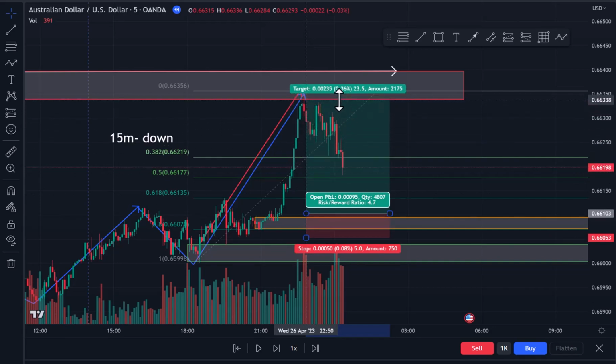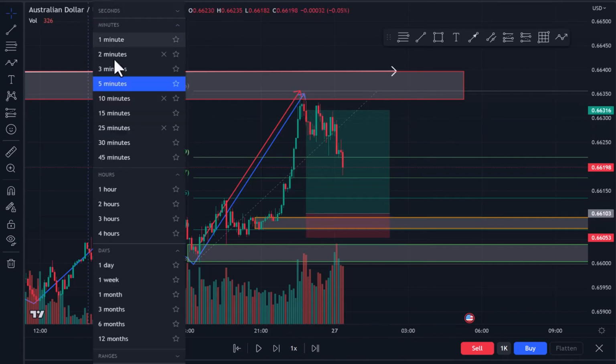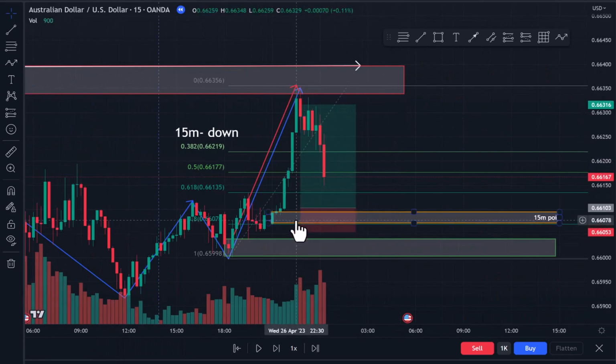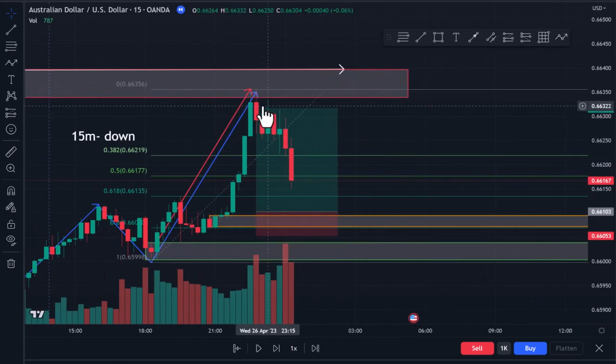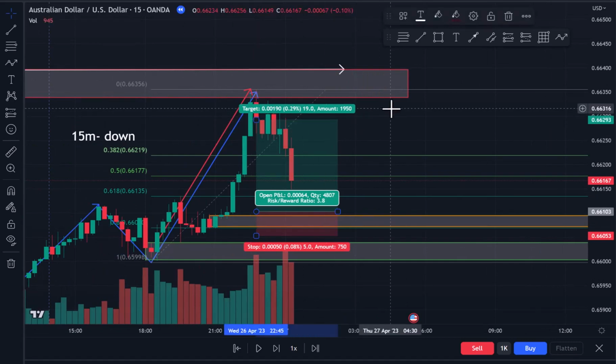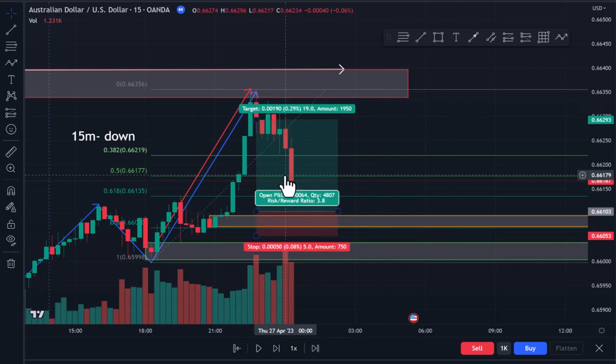And we can target near the high as a take profit zone. On the 15-minute chart, since we already found a POI on that chart, I want to check where the recent high closes. I think this would be better. So this would give us a 3.8 risk to reward ratio.